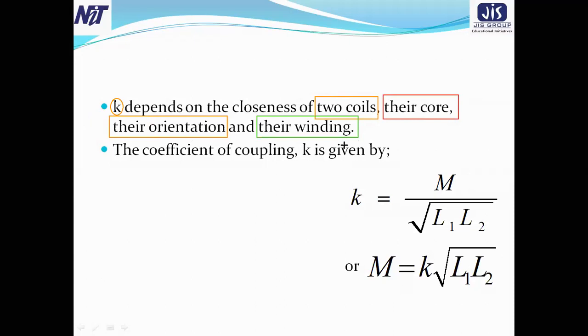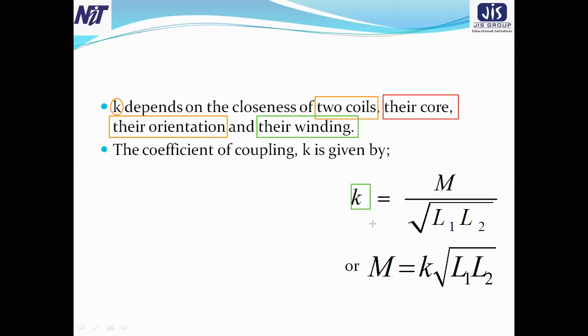The coefficient of coupling K is given by the equation K equals capital M divided by root over L1 into L2. This is the relation: K equals the mutual inductance divided by the root over the product of the self inductances of both coils.